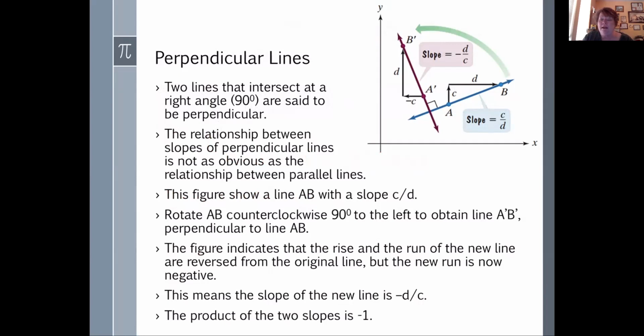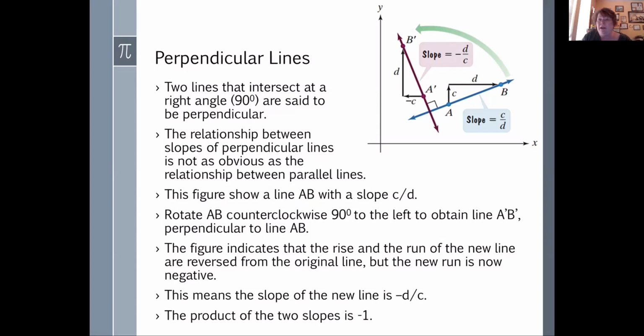When we've rotated that figure 90 degrees, the rise and the run of the new line are reversed from the original line, but the new run is now negative. So the rise of the line AB becomes the run for the line A prime, B prime, but now it's pointing to the left, so it's negative.